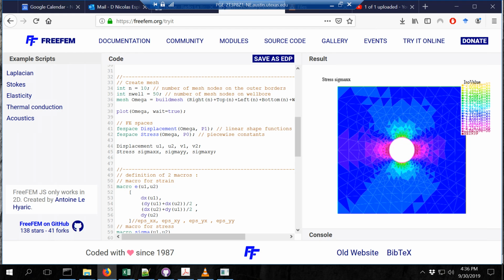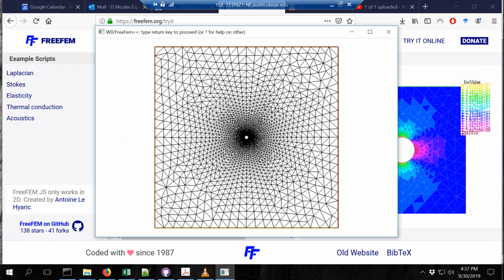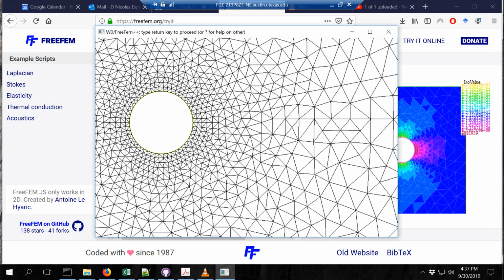So make sure your mesh looks nice. I'm going to press enter now in this domain, and this is what you get. Again, I press a plus sign, and as I get close to the wellbore, it looks like a very nice mesh with almost equilateral triangles.